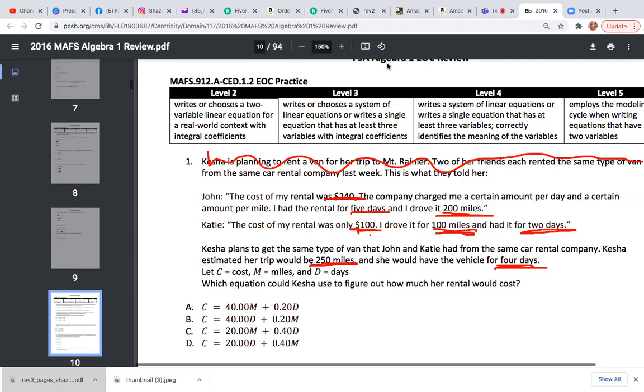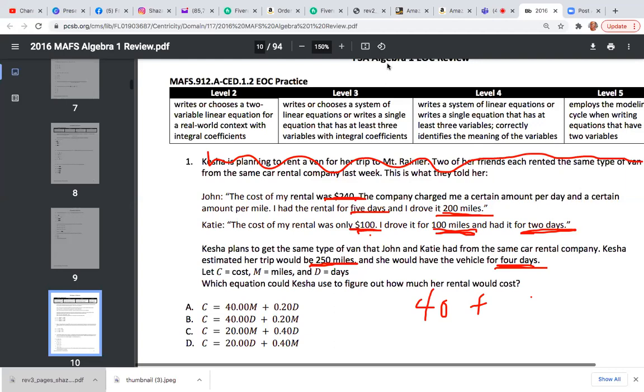All right, guys. So first, let's focus on this. When you rent a vehicle, they charge you a base price per day and then plus the miles, okay? So a company might say, you know what, I'm charging you $40 per day plus maybe 10 cents per mile.